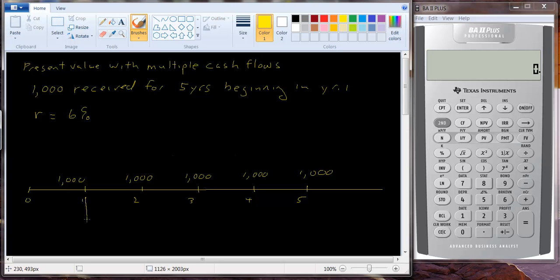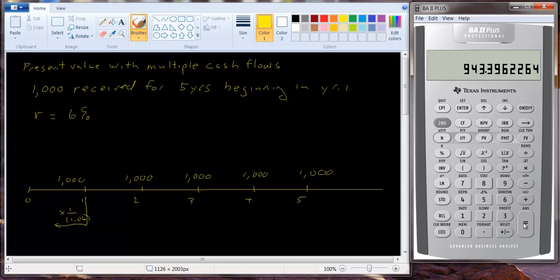We're going to multiply by 1 over 1.06. So we're going to have 1,000 divided by 1.06. Multiplying by 1 over 1.06 is the same as dividing by 1.06. All right, so I have 943.40.